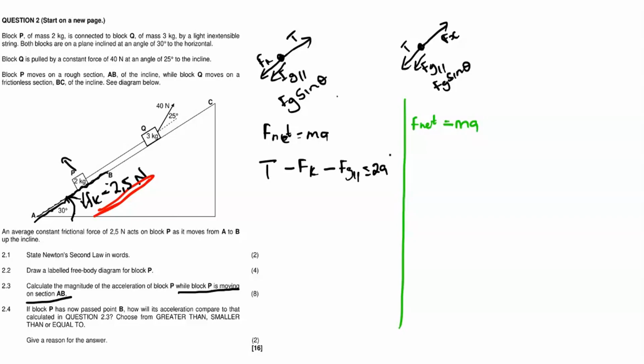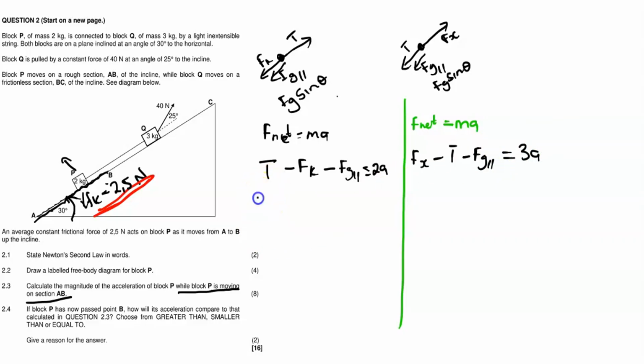And then for the 3 kg block, we'll be having Fx minus tension minus Fg parallel is equal to 3a.